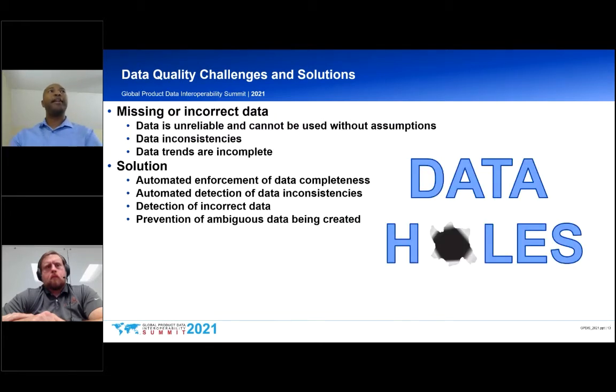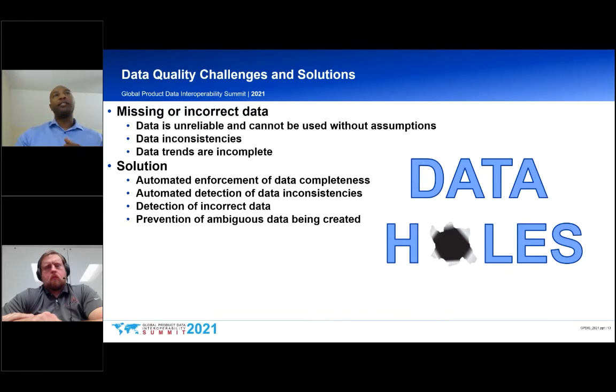So, missing or incorrect data. If you have missing or incorrect data, then that data cannot be used without making a wide variety of assumptions, which can make it essentially useless. It can also introduce data inconsistencies, and it can cause your trends, if you want to do trend analysis, to be very incomplete.